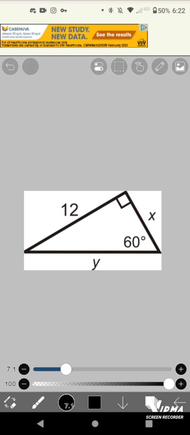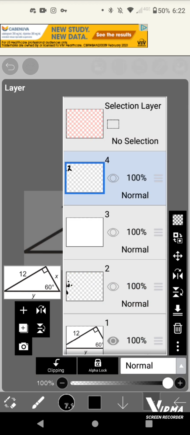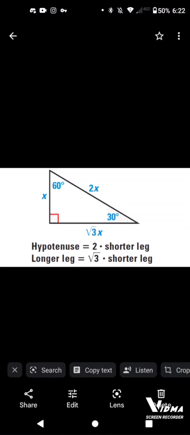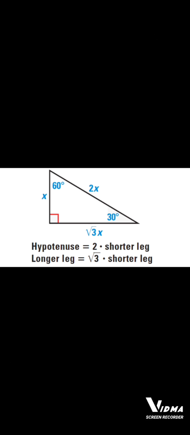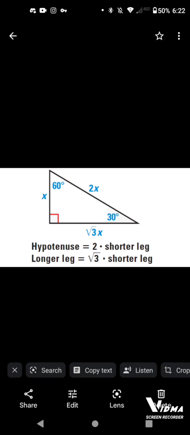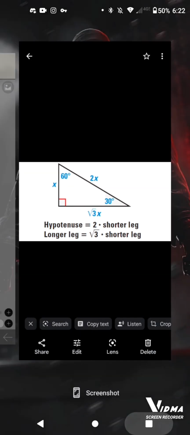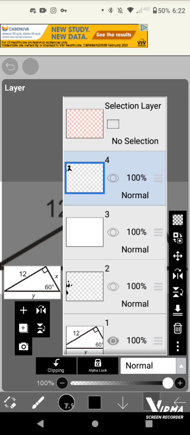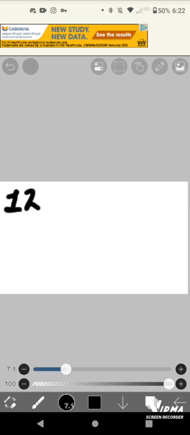And we need to find both x and y, so we need to find both of them. Well, we can try going to the hypotenuse, right? No, because it doesn't have any connection with the longer leg. But the longer leg does have one with the shorter leg.